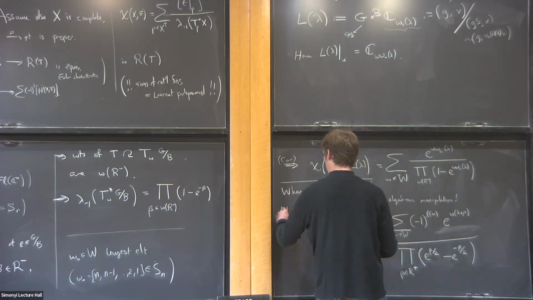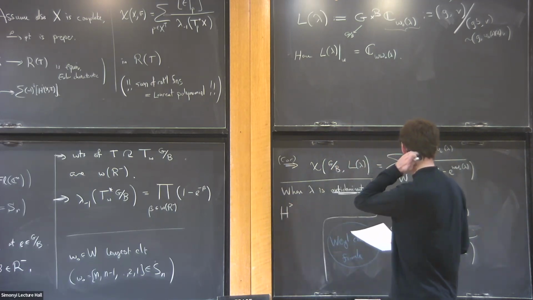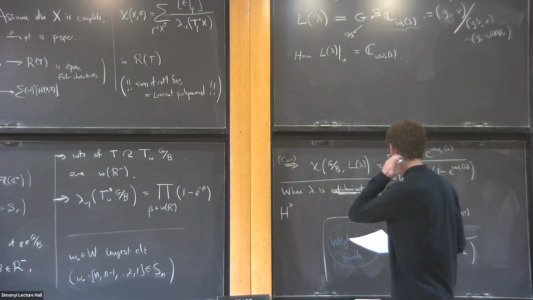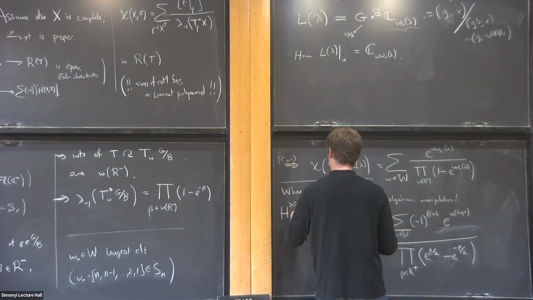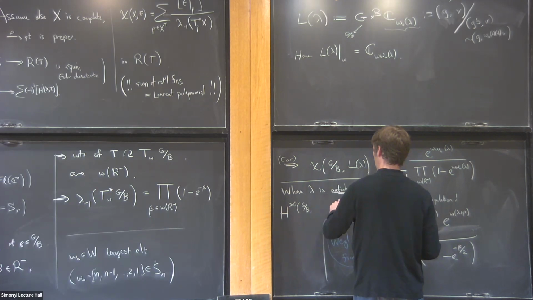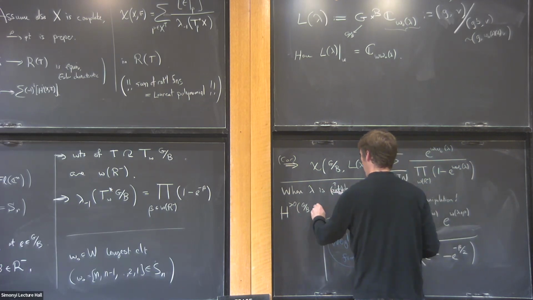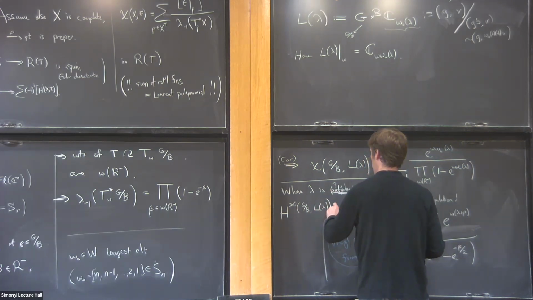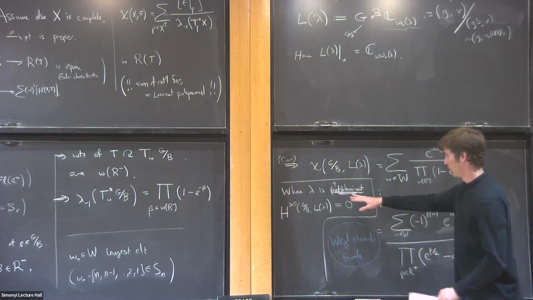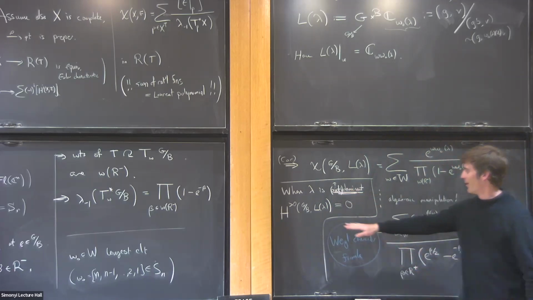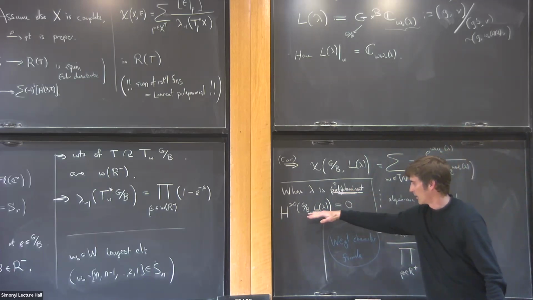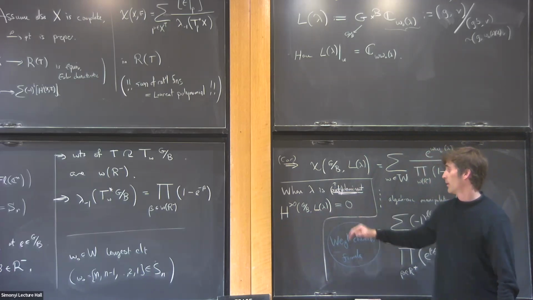Then, oh, hold on. Okay, I guess I should put a question mark because I'm momentarily confused about whether I want the anti-dominant or dominant. So in that case, it's either dominant or anti-dominant, the higher cohomology of L lambda vanishes.